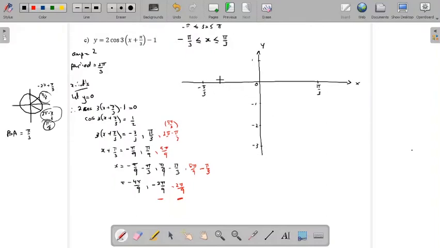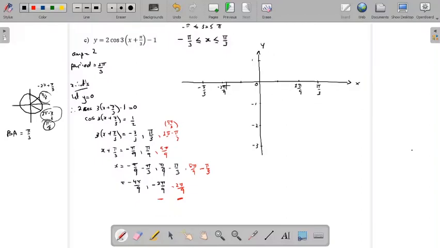Okay, so that's 3. So we're going to have here 2, 1, 1, 2. So this here will be our negative 2 pi over 9, and this will be 2 pi over 9.